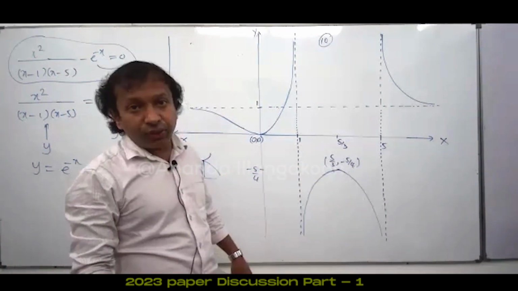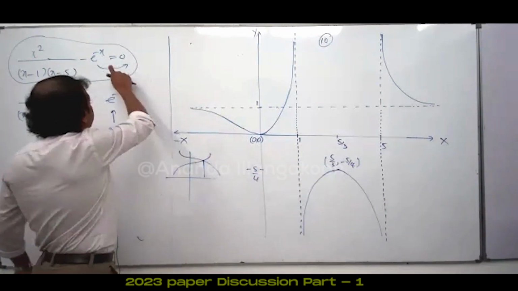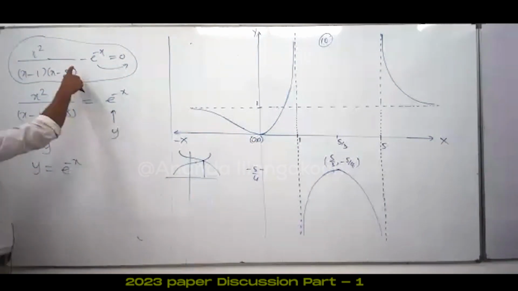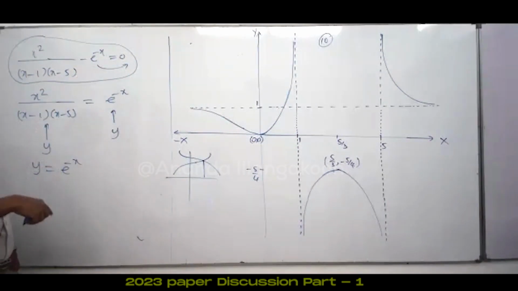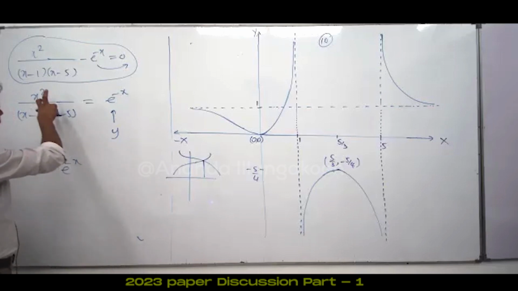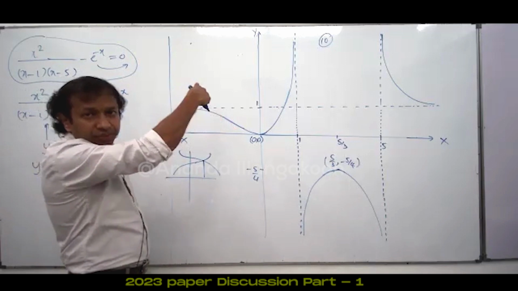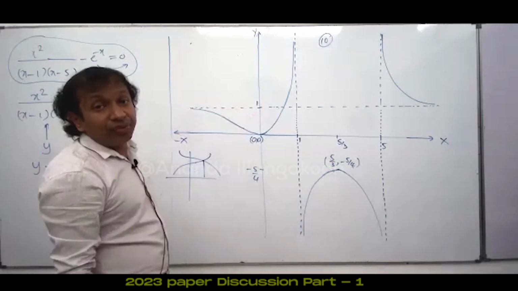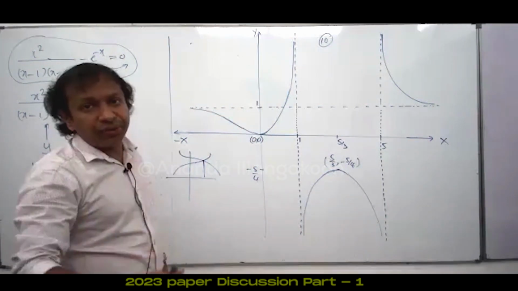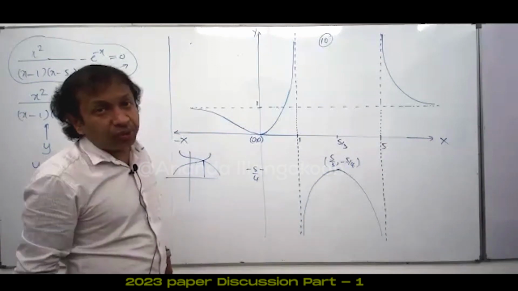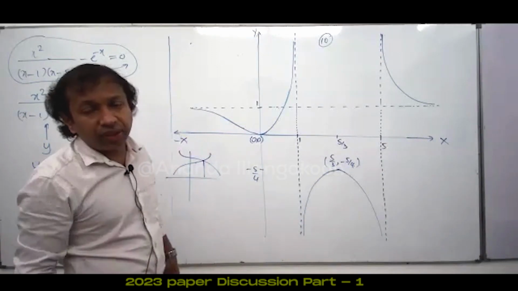At those points, the x values are the solution. So to find the solution, I have drawn this graph and I have to draw this one on the same pair of axes. Then the two graphs will intersect at some points. At those points, the x values are the solutions of the given equation.